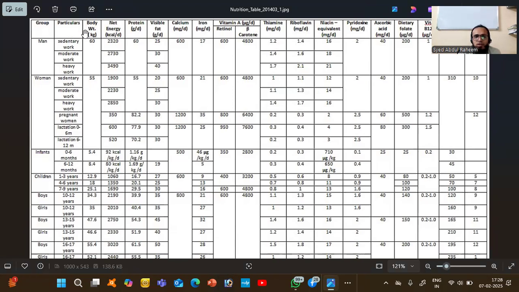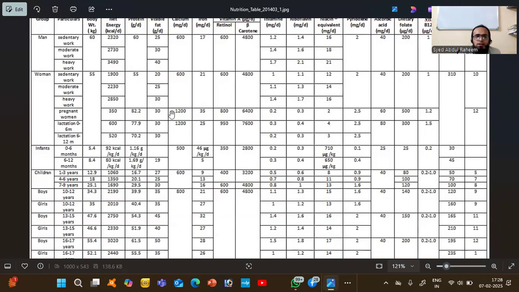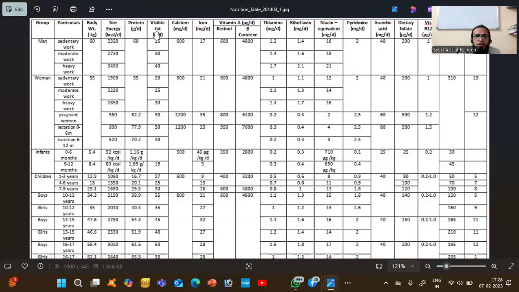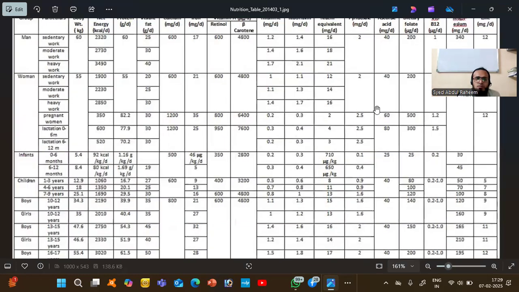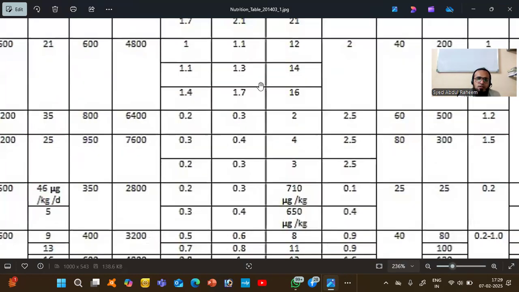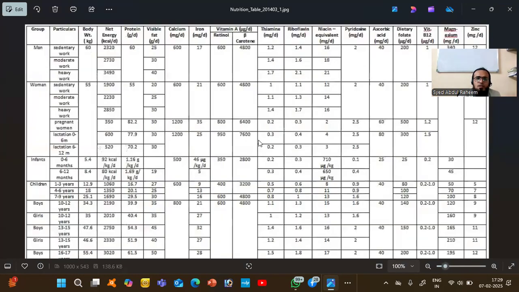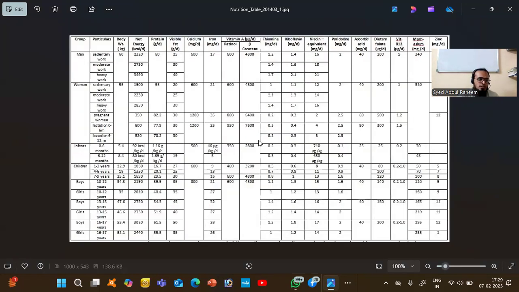Weight, energy requirement, protein, fat, calcium, iron, vitamins, thiamine, riboflavin, niacin, pyridoxine, ascorbic acid, dietary fiber, vitamin B12, magnesium, zinc, all are available. Most importantly, all the vitamins are available in this chart.